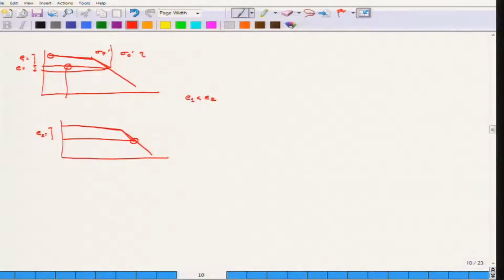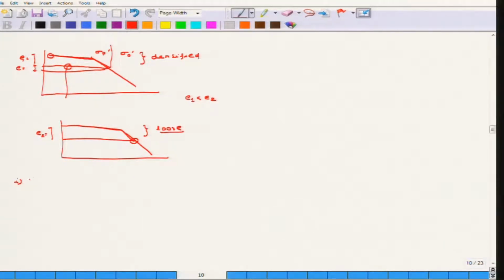So, this sample is much more densified than this sample. Obviously, the Mohr circle for a densified sample will have a high shear stress compared to the Mohr circle for a loose sample. That is what generally happens.